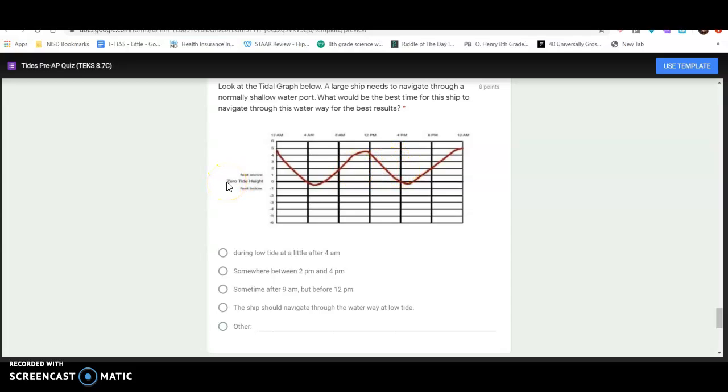Somewhere after 9 a.m., which would be about right here, but before 12 o'clock noon. The ship would navigate through the waterway at low tide, or a different answer. What would be the best time for the ship to navigate through this waterway for the best results?